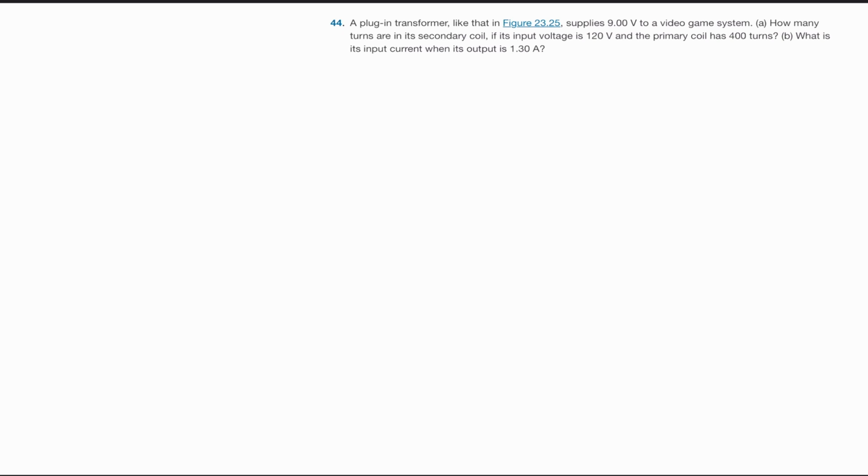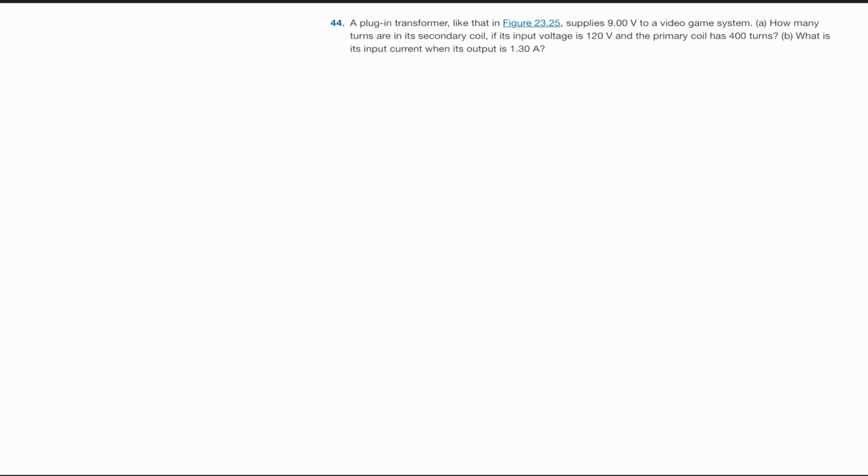This transformer supplies 9 volts to a video game system. Now, how many turns are in its second coil if its input voltage is 120 volts and the primary coil is 400 turns? That's the first part of the problem. And the second part is, what is its input current when its output is 1.3 amperes?